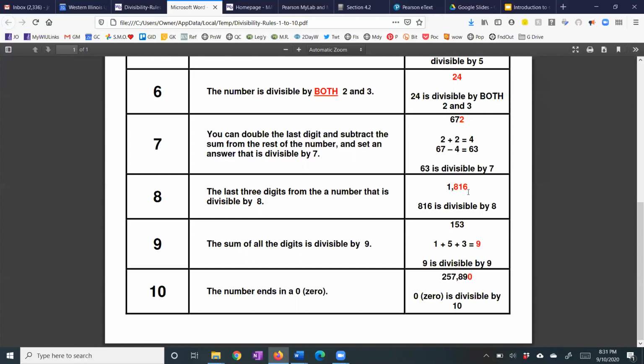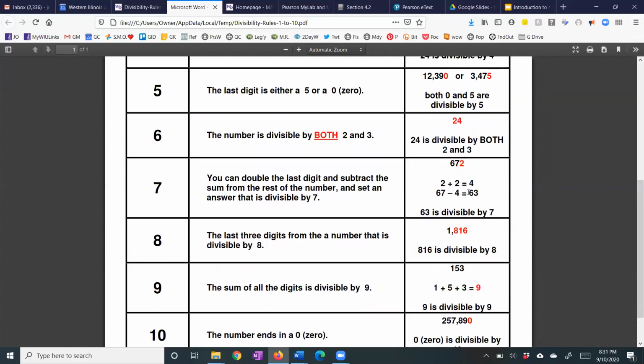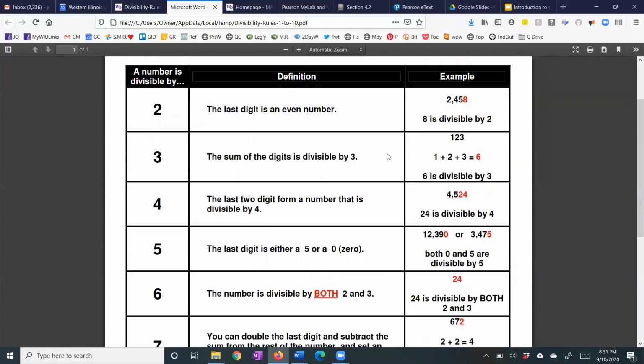Okay, the next 2 divisibility tests I'd like to look at are 3 and 9. They work in similar manners to each other. What we do is we take the individual digits and we add them up. If the sum of the digits is divisible by 3, the entire number is divisible by 3.